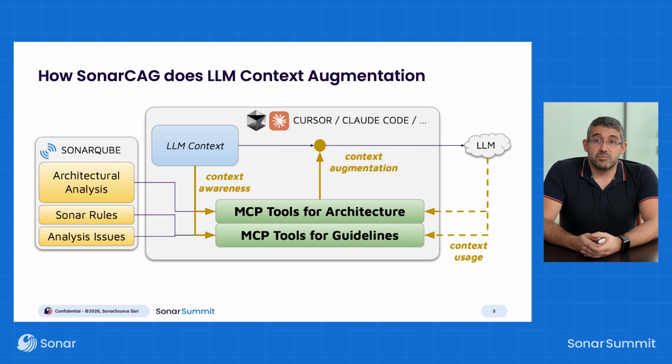And those MCP tools are exposed to the LLM, which then will call the tools when they are needed. So the MCP, the Model Context Protocol, is the delivery mechanism for context that allows the LLM to query for context, ask for context when the context is needed.